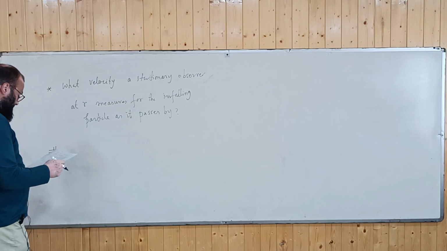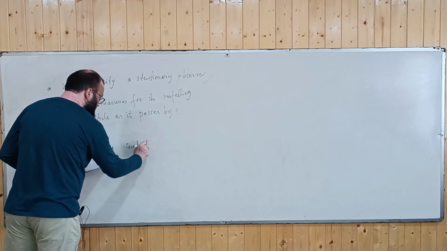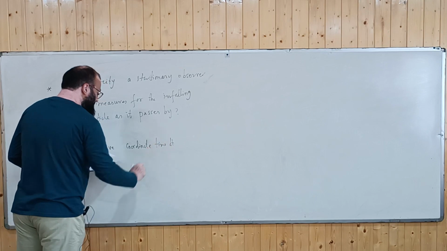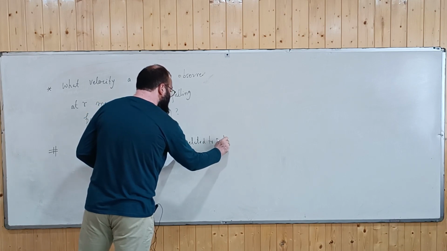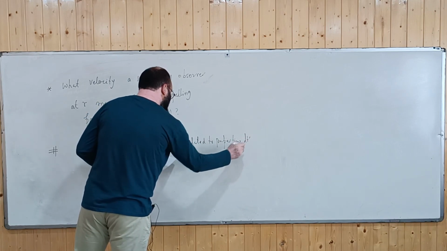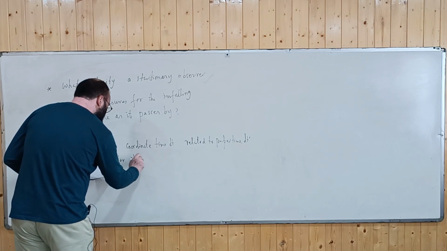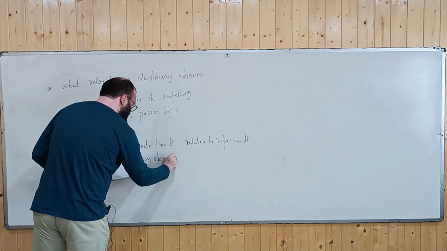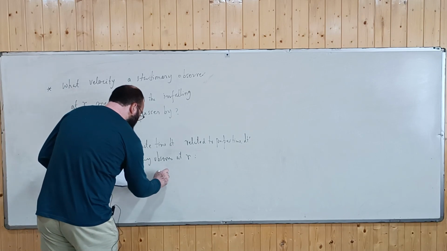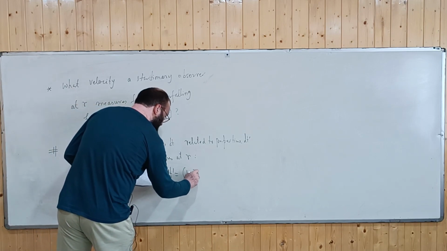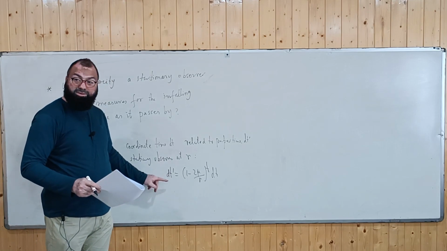We have the coordinate time dt related to the proper time dt prime for a stationary observer at r: dt prime is equal to (1 minus 2 mu by r) raised to the power half times dt. This comes from the line element.